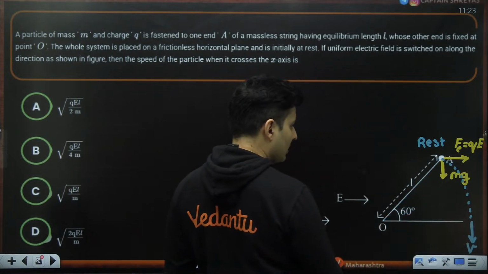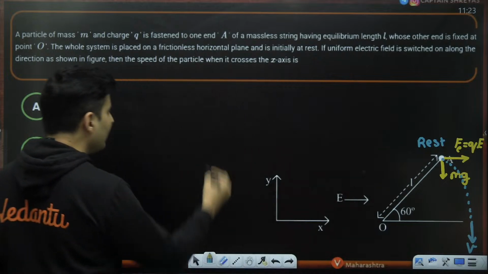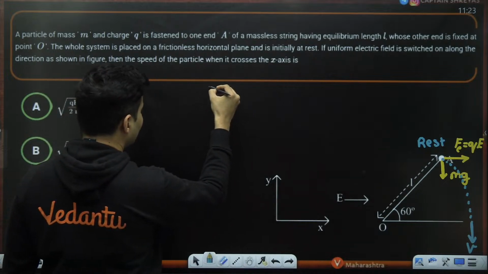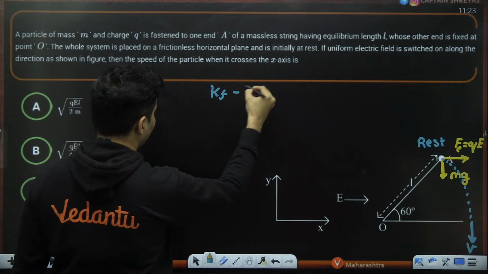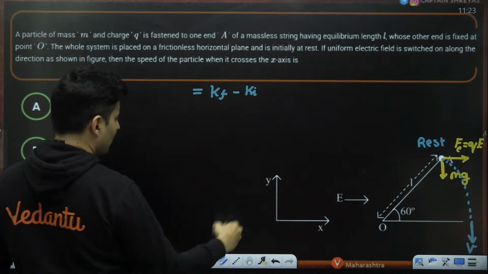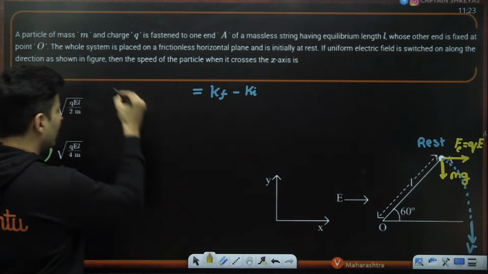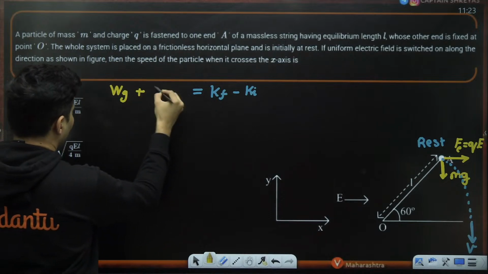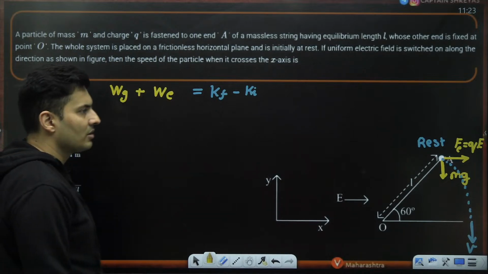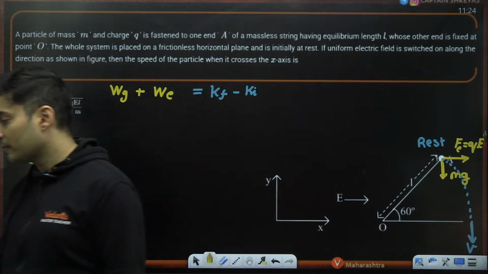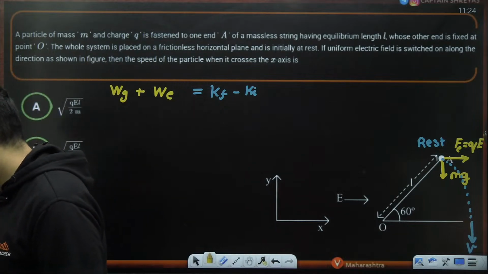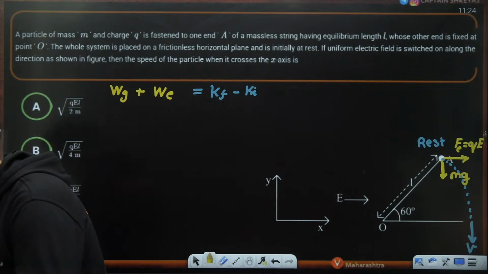So in this process, it has gained some speed. So there is some gain in kinetic energy, final minus initial kinetic energy. So who is doing work? Definitely gravity is there, and definitely electric force is also there. Both will do work.